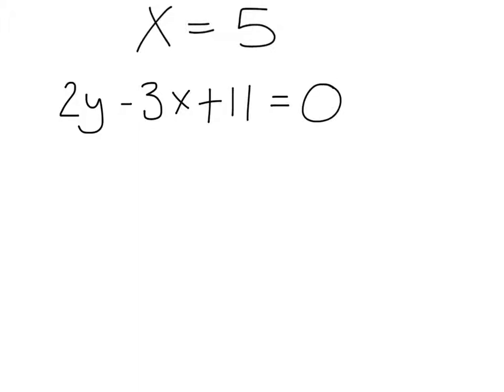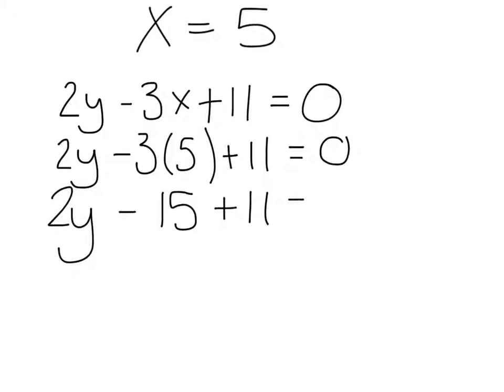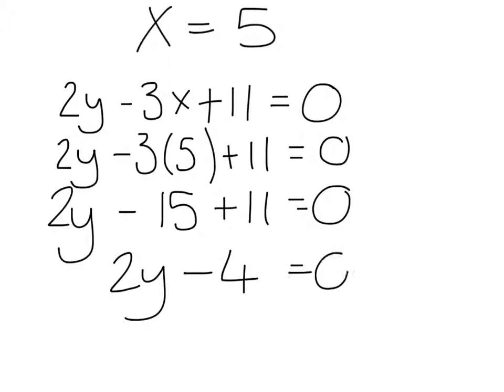Substituting in x equals 5 gives us 2y minus 3 times 5 plus 11 equals 0. So that's 2y minus 15 plus 11 equals 0, which gives us 2y minus 4 equals 0.